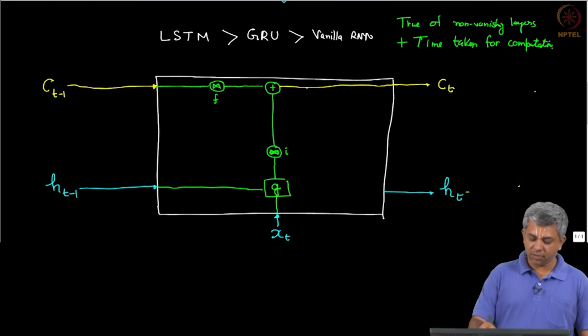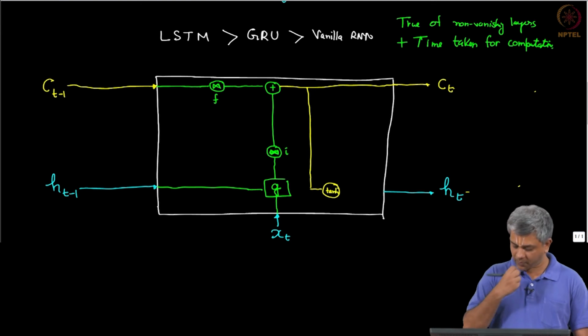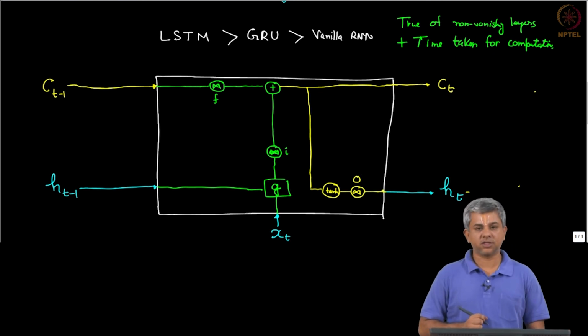At the same time, the same CT comes down here. You run it through a tanh, run it through the output gate, and what you get is HT.